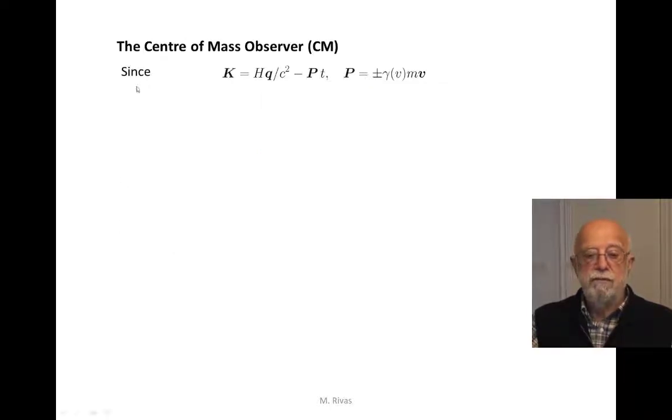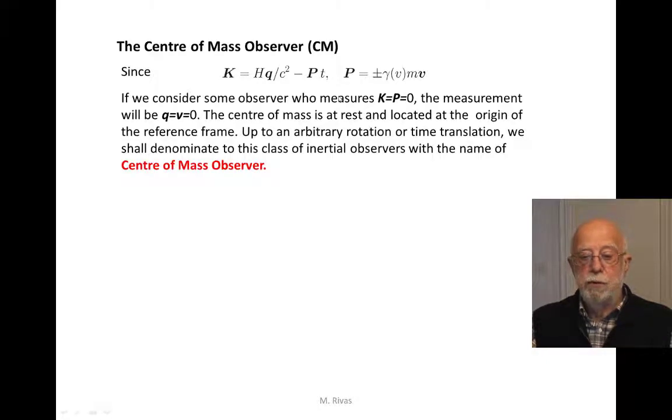Now let us define what we understand by the center of mass observer. Because K is written in this form and P is proportional to the velocity of the center of mass, that observer who measures K equals P equals 0 measures V0, P0 and K0, Q0. So for that observer, the center of mass is at rest and located at the origin of the reference frame.